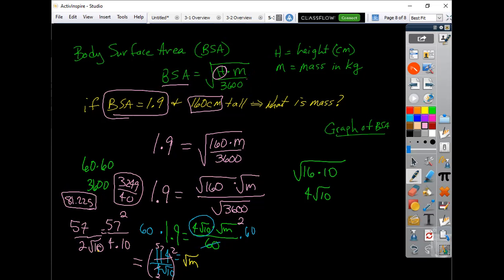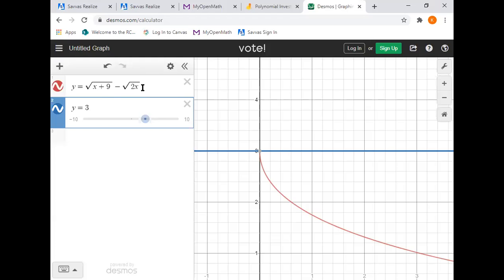The left side, which would be the y equals 1.9, and the right side, the y equals the square root of 160 times x all over 3600. And so if we, let's see, let me give you that screen. Let's take out this and put in a big square root.